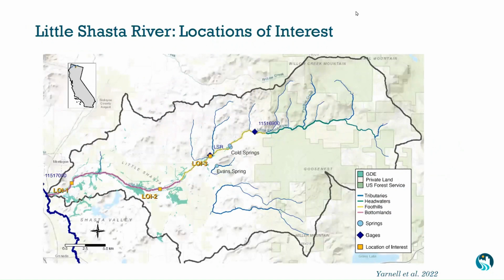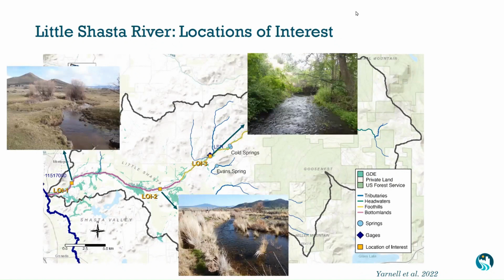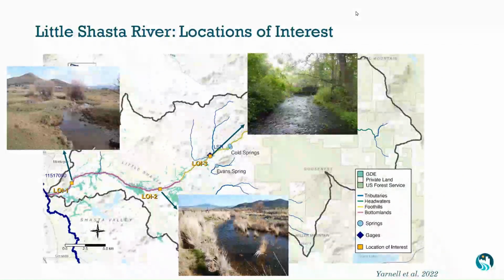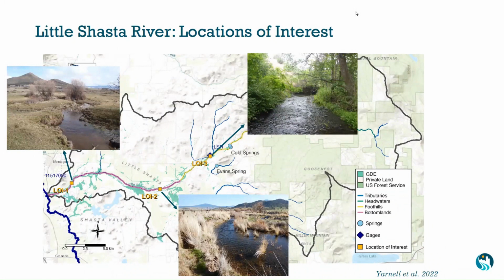So real quickly for the Little Shasta River, here's the watershed. And the first thing our team did is say, well, Little Shasta is really different from its headwaters down to its mouth. Here's just some photos I took of the different kinds of habitat. You can see, especially in the upstream reaches, there's some really lovely habitat that currently exists. And my colleague, Rob Lusardi, who's done snorkel surveys up here, there are lamprey that live here right now.